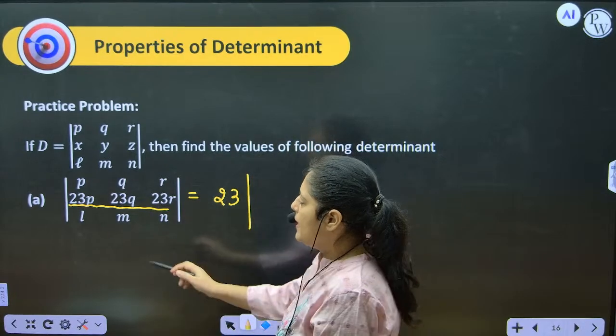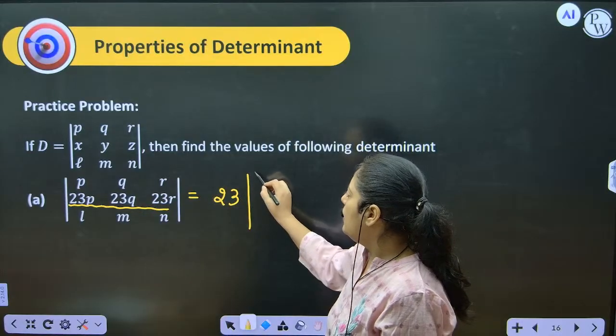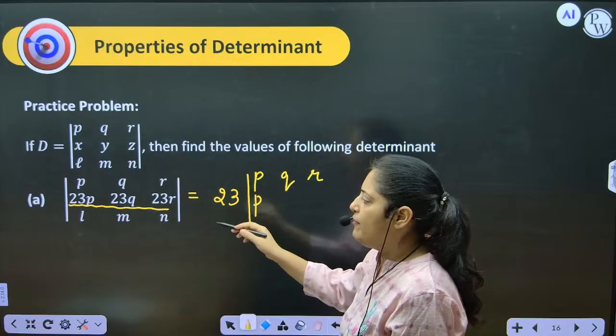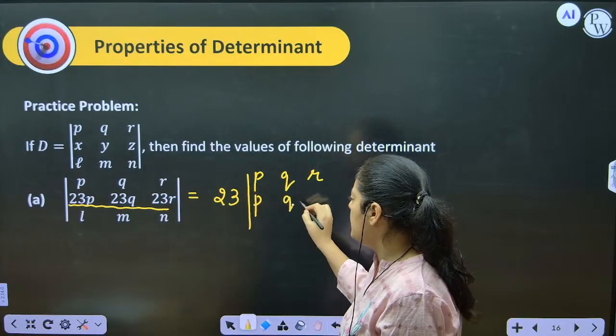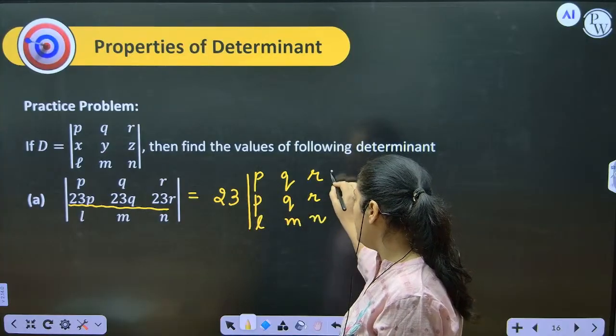So suppose I am taking 23 common from the second row. So first row remains same. Second row, I have taken 23 common. So P, Q, R is left. L, M, N is also there.